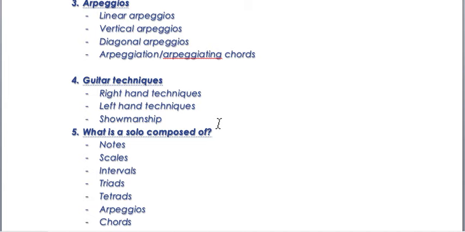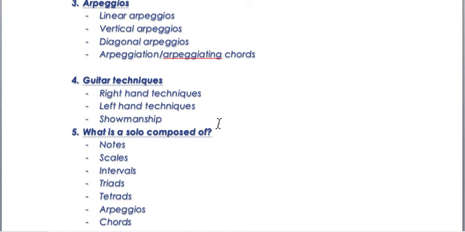Now we will look at guitar techniques. On guitar techniques, we have what is called the right hand techniques, and then the left hand techniques, and then showmanship. In a nutshell, the right hand techniques are performed solely by the right hand.